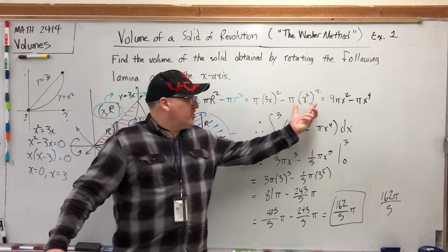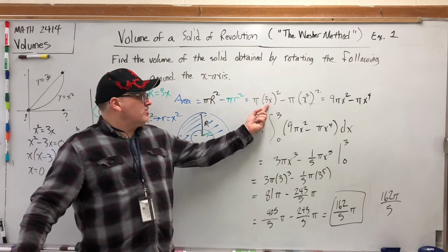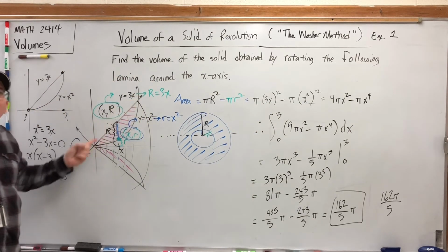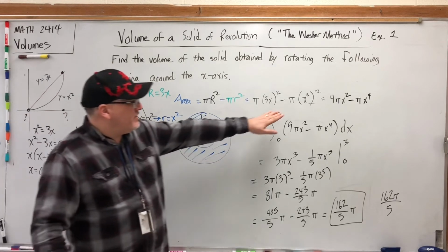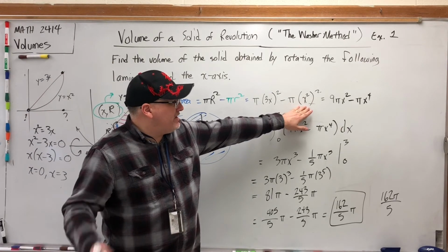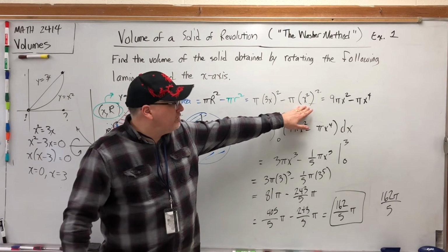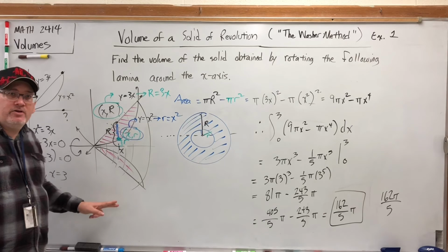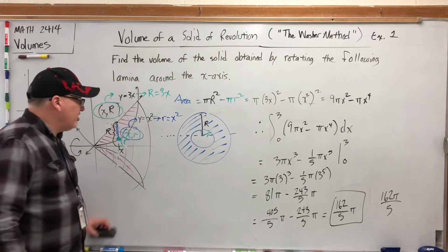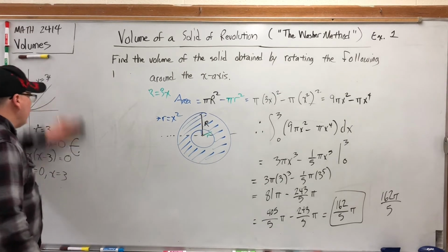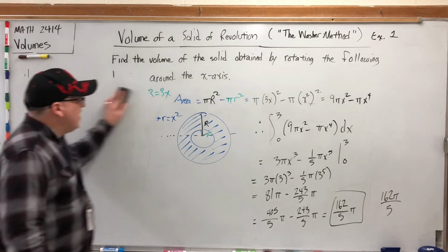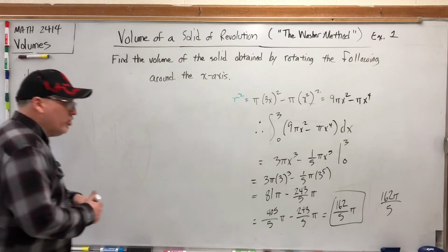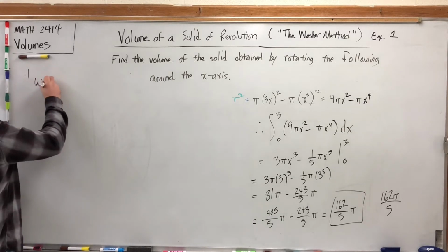One circle minus another. The radius of the bigger circle was the equation of the top boundary, and the radius of the inner circle, the hole that was removed, was the equation of the bottom boundary. So we could do a real quick generalization by removing the specific functions.